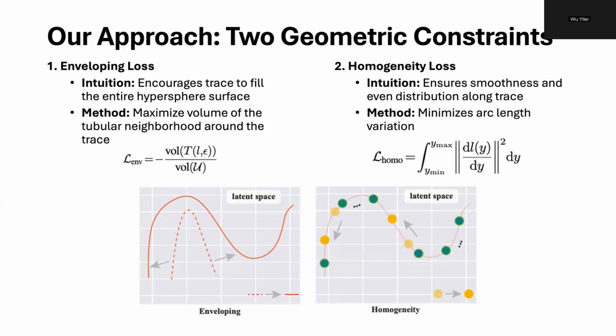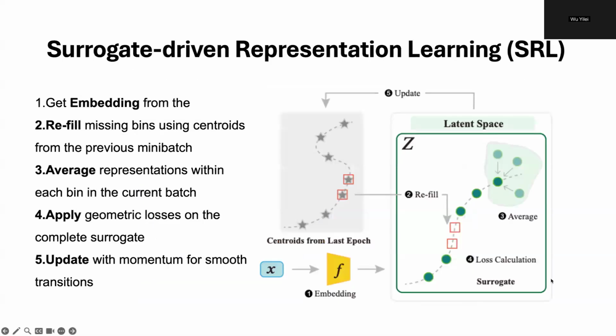Now, let's take a look at the process during training. One challenge for this method is that each batch might not contain all the label values, especially for minority samples. Therefore, we build and maintain a surrogate representation. First, we get the embedding from the current batch.